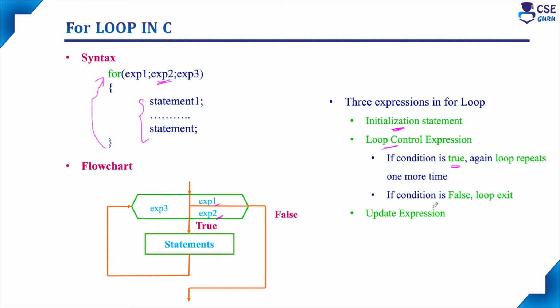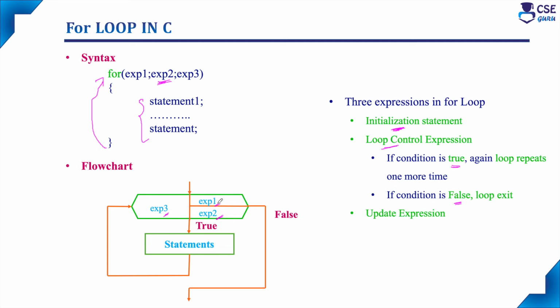If the loop control expression is evaluated to false means the loop will exit. So how many times the loop control expression is evaluated to true, that many times the for loop will execute. But first itself the loop control expression will be tested only when the expression is evaluated to true, then only the body of the loop will execute.